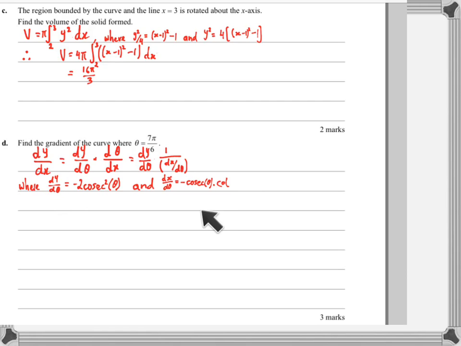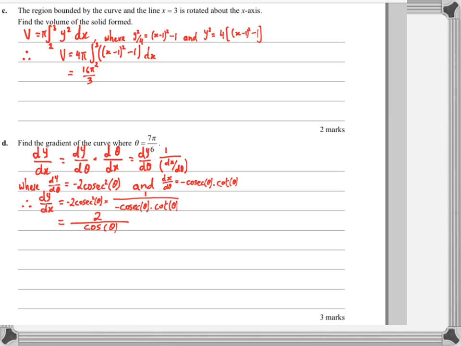And then the next one here is dx d theta. So we go ahead and substitute that into our chain rule formula like we've done there, and simplify it to get 2 over cos theta.